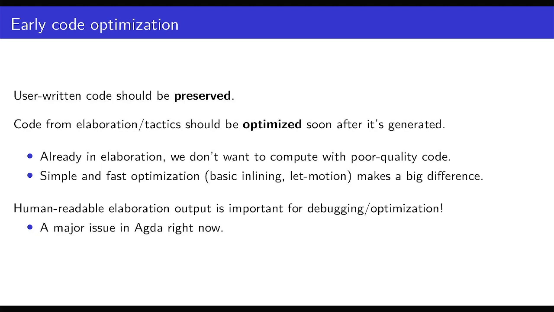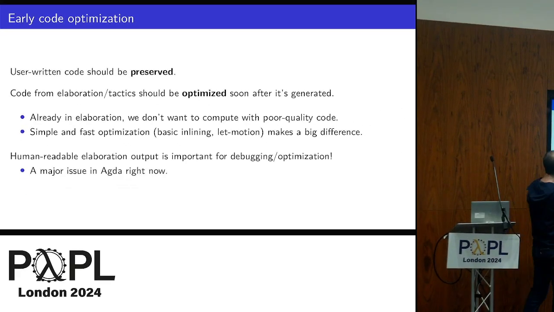The two principles are that the user-written code should be preserved by elaboration, but the code which comes from elaboration or tactics should be optimized, ideally soon after it is produced, because we do not want to hold on to lots of garbage, and we do not want to compute with terms which are of poor quality. But in my experience, very simple and fast optimizations, like very basic inlining and let motion, and maybe eta reductions, make a big difference.